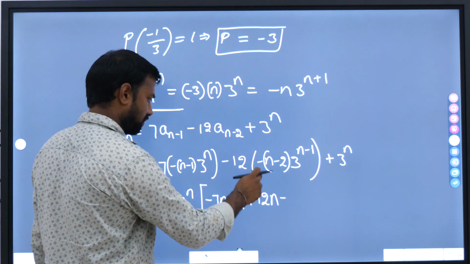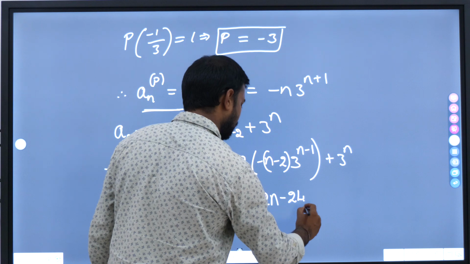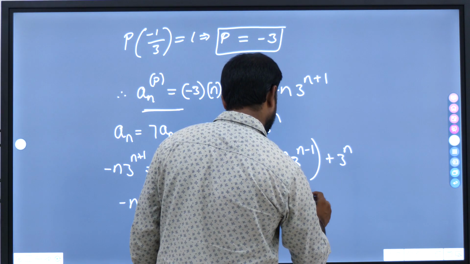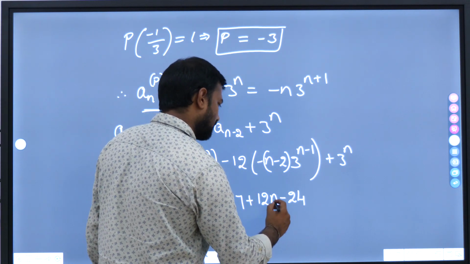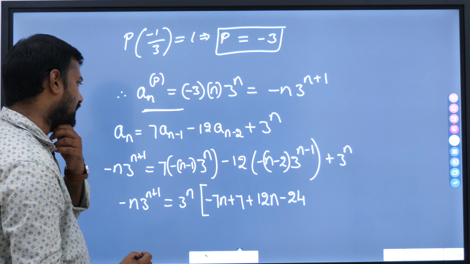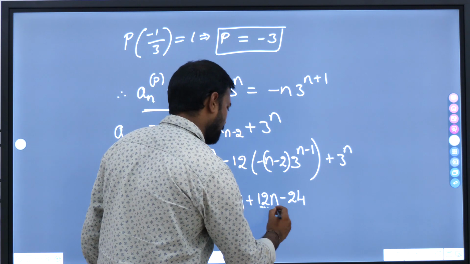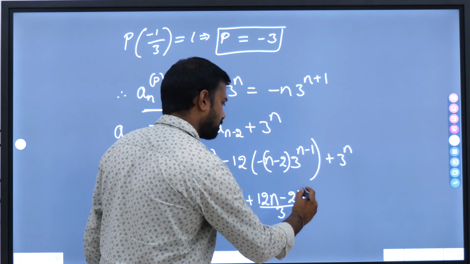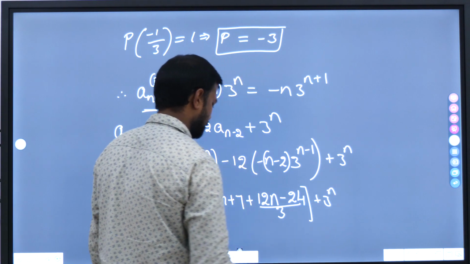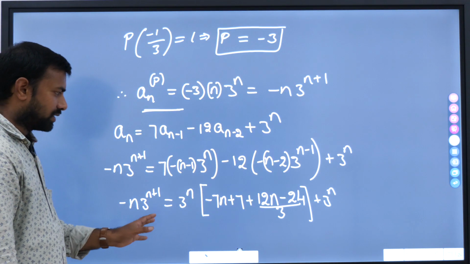So here minus into minus plus, and again one more minus is there, therefore minus 24, so we have taken 3 power n common, right? So we will have by 3 plus 3 power n.